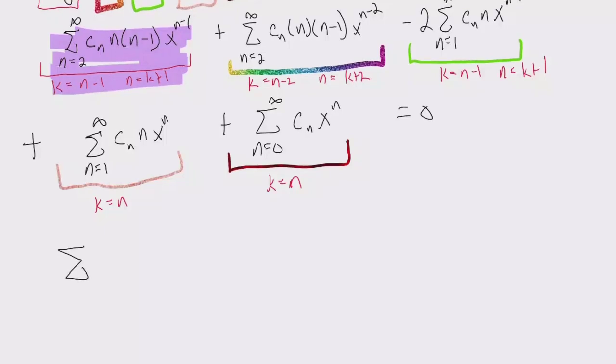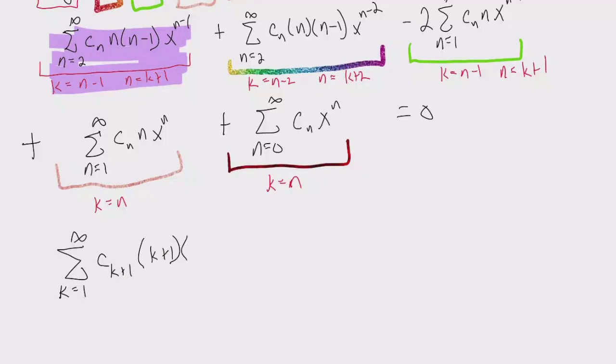If I put a 2 in for n, I get that k equals 1 to infinity. And then this becomes c sub k plus 1 times k plus 1 times k. And that becomes x to the k. Okay, so that's that first term.